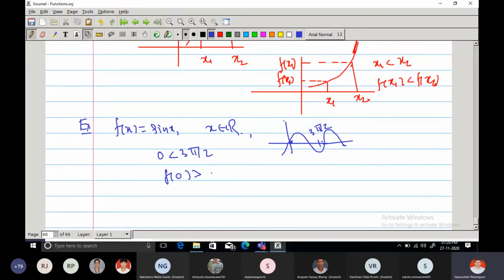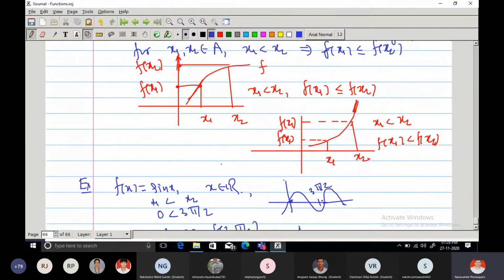So this is x1 and this is x2. x1 is less than x2, but f of x1 is greater than f of x2. So it is not increasing. A function is increasing means that if you increase the variable x, the value keeps going up.